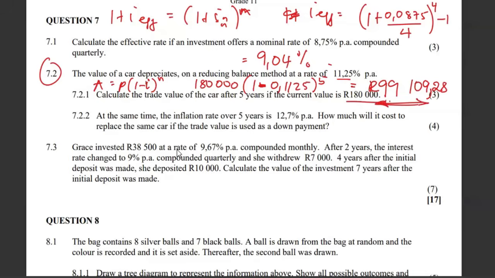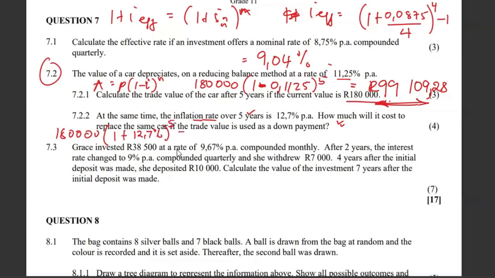And then 7.2.2, they're telling us that at the same time, the inflation rate over 5 years is 12.7%. How much will it cost to replace the same car if the trade value is used as a down payment? So the 180,000 must grow using compound interest, which is the 12.7% to the exponent of 5.